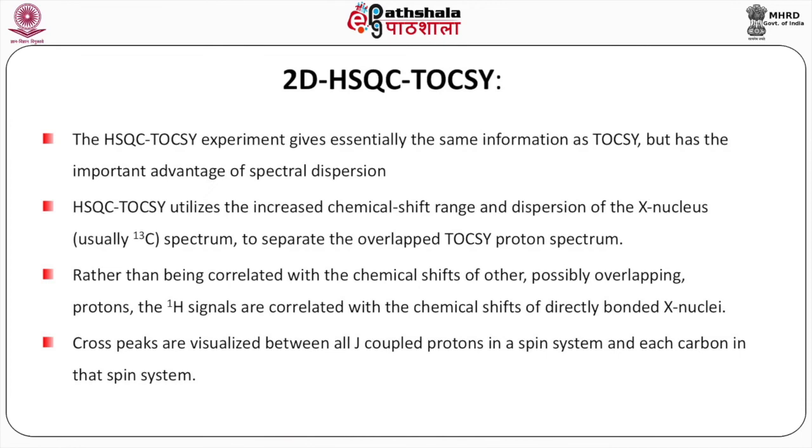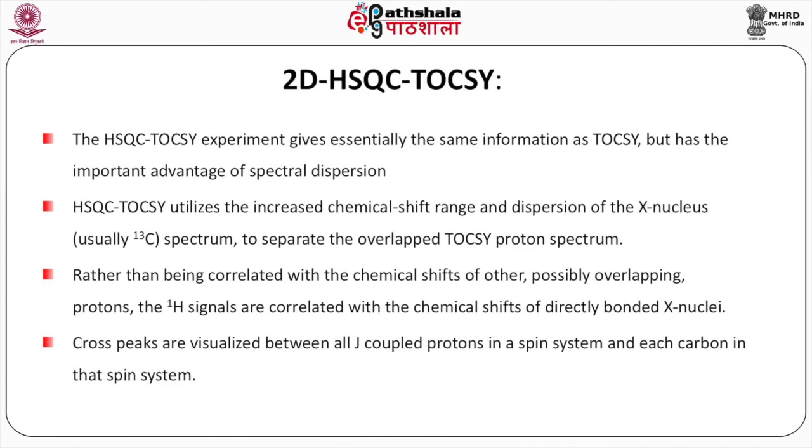2D HSQC TOCSY. The HSQC TOCSY experiment gives essentially the same information as TOCSY but has the important advantage of spectral dispersion. HSQC TOCSY utilizes the increased chemical shift range and dispersion of the X nucleus, usually C13, to separate the overlapped TOCSY proton spectrum.